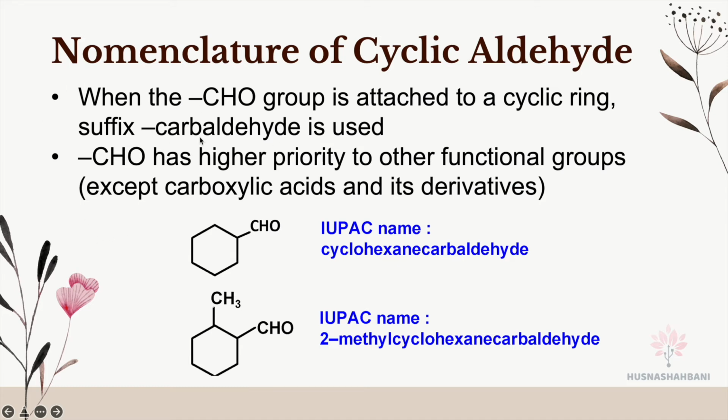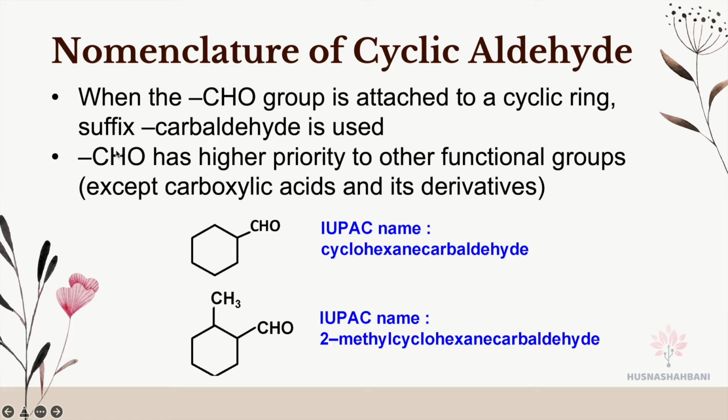Cyclic aldehyde. When the CHO group is attached to a cyclic ring, the suffix carbaldehyde is used. CHO has higher priority than other functional groups except for carboxylic acid and its derivatives. So the aldehyde is the second highest priority. The first one is carboxylic acid.